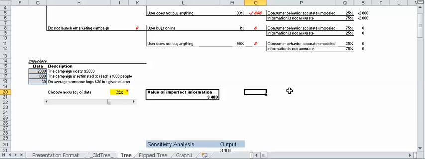So if I target super users, there's a 75% chance or 75% accuracy in modeling their behavior. If I compare the old tree and the flip tree, that gives me a value of imperfect information of $3,400.